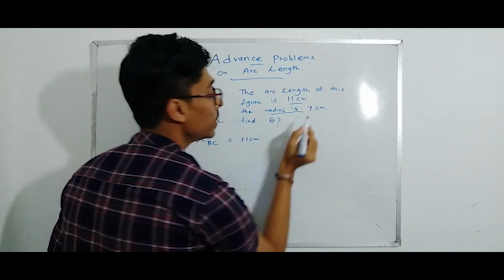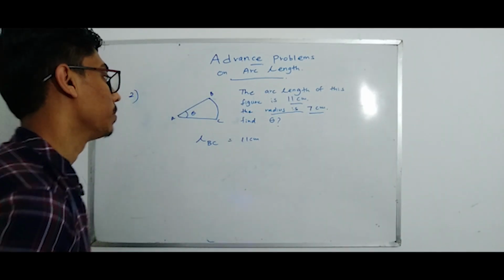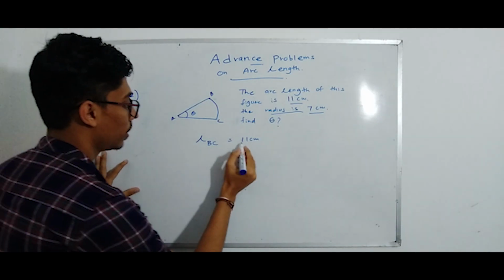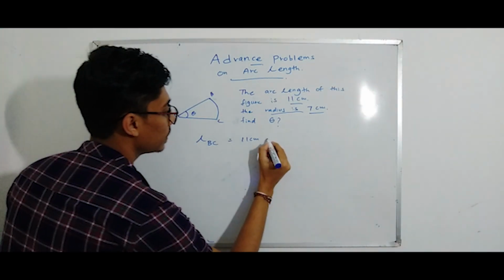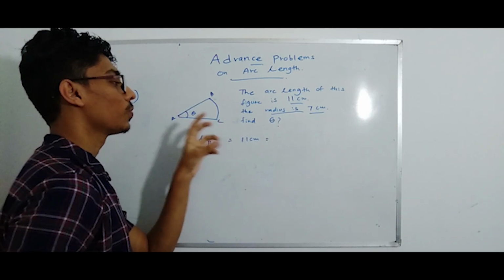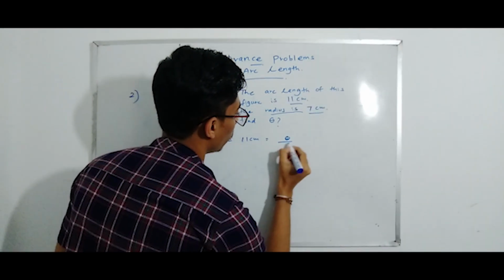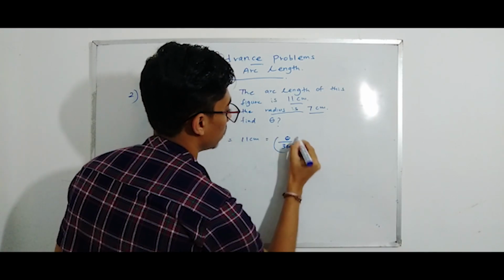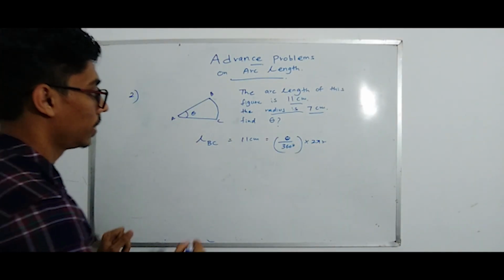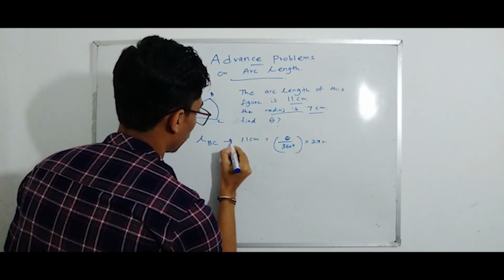The radius is 7 centimeters, right? So length of BC is 11. Let me substitute that. That is equal to the equation you use to find the arc length. That is equal to theta over 360 degrees into 2 pi r. Right?